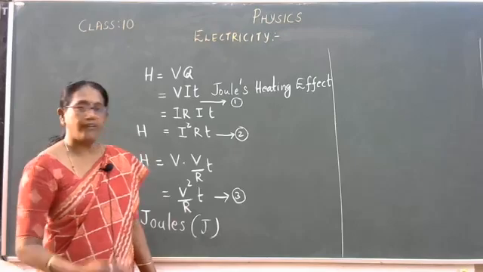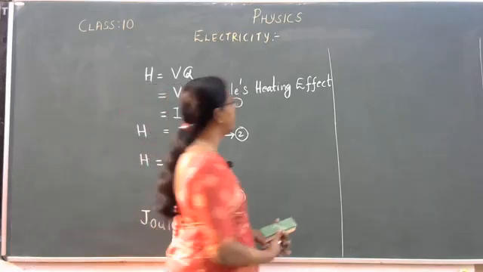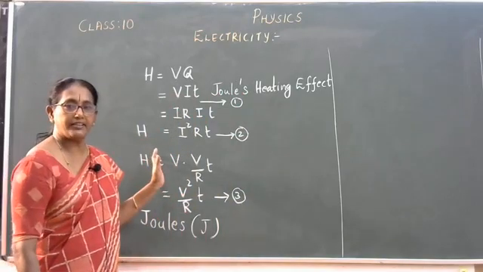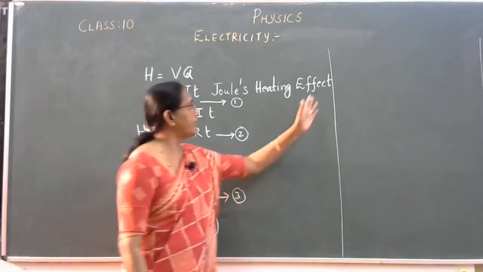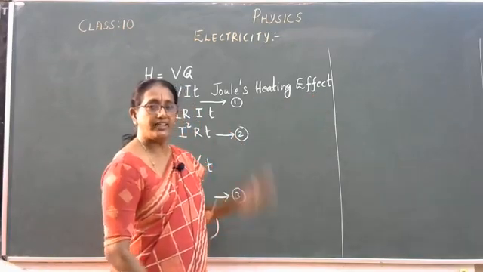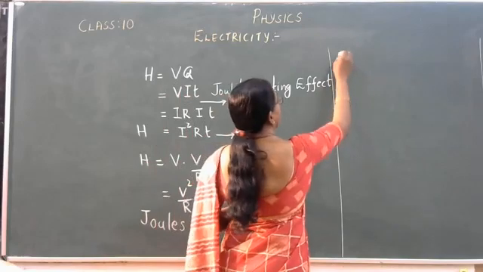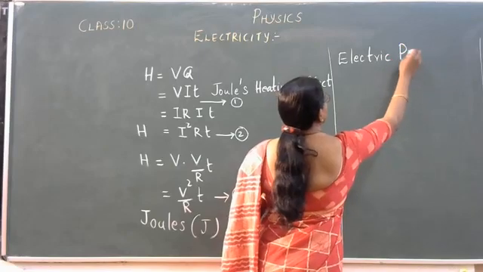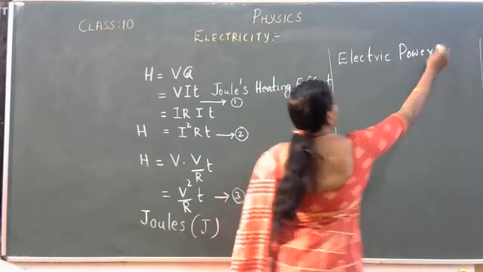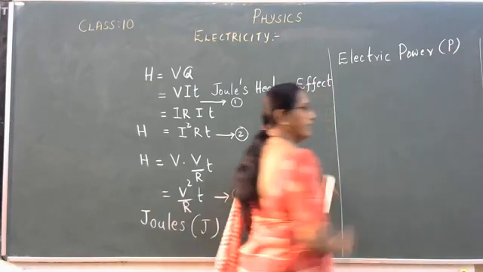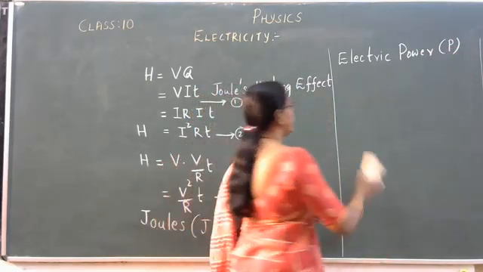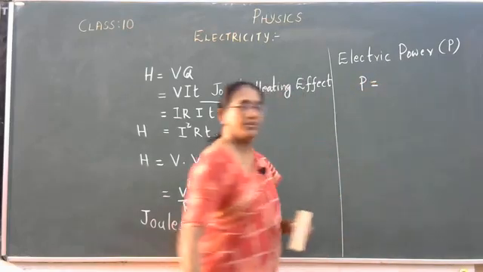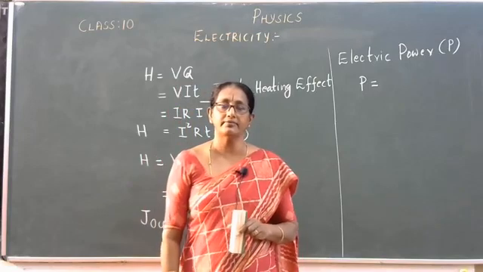So when we find electric power for a device, we can always relate power with the energy. So when we take the heat energy equation as VIT, the power, electric power, denoted by the letter capital P, we can write it as P is equal to, so what is the basic equation for power?